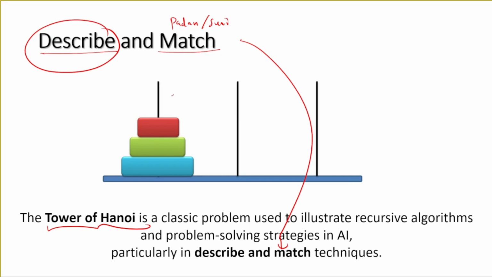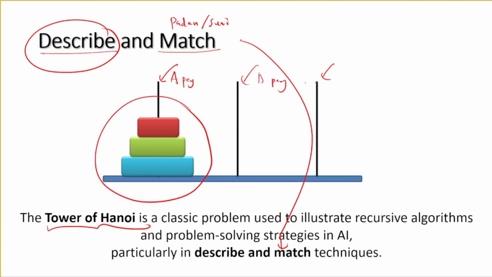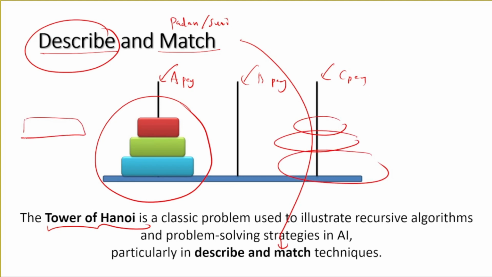So the idea is we have 3 pillars in a row. When we talk about AI strategies, the problem here is how to put the A pack, B pack and C pack. How to relocate the red, green, and blue disks to be here without putting the blue on top of the green or on the red.